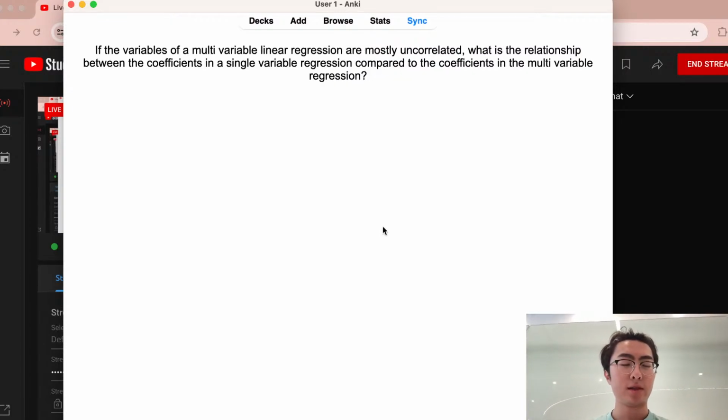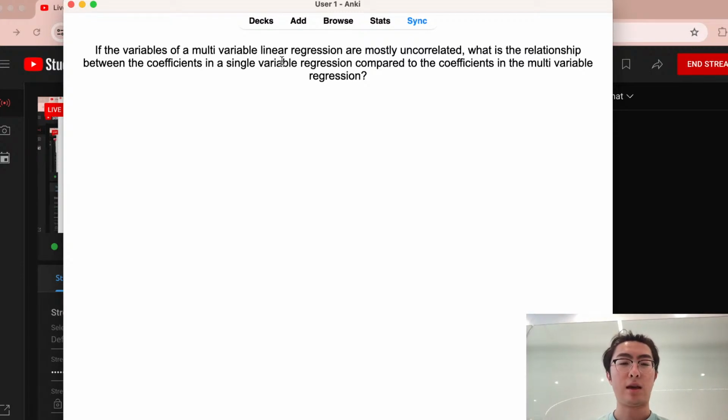If the variables of a multivariable linear regression are mostly uncorrelated, what is the relationship between the coefficients in a single variable regression compared to coefficients in the multivariable regression?